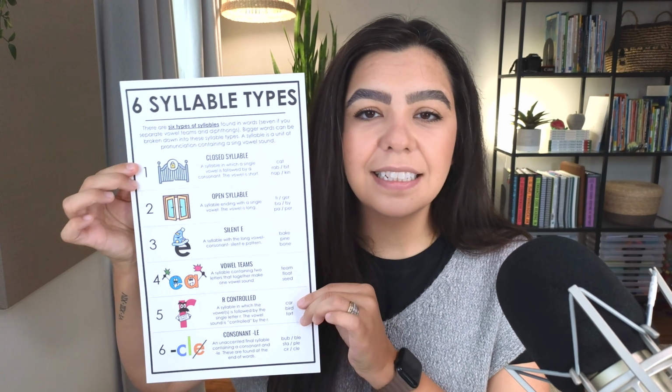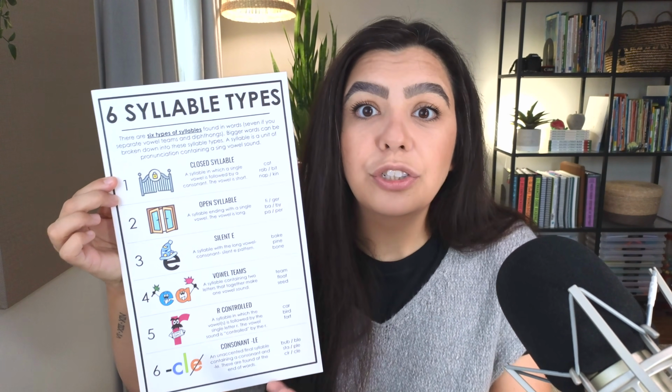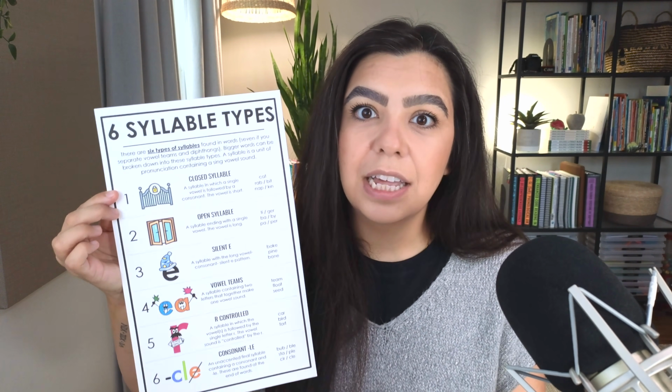So you're going to see that the 6 different syllable types are all listed here. Now, when I introduce this to students, I talk to them about what are syllables. And so we will often listen to syllables themselves in words. So I might say, all right, how many syllables do you hear in banana? So they say banana, and we will clap some of those out.